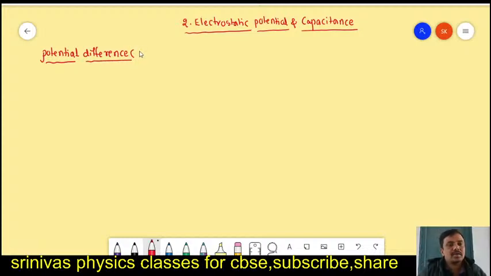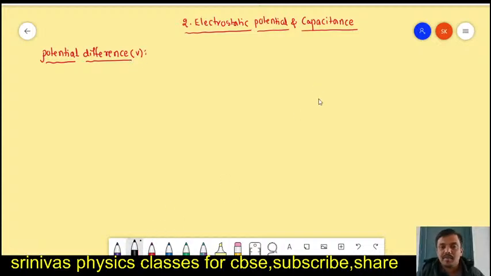Potential difference means what? What is the definition of the potential difference? Can anyone write in the chat box?